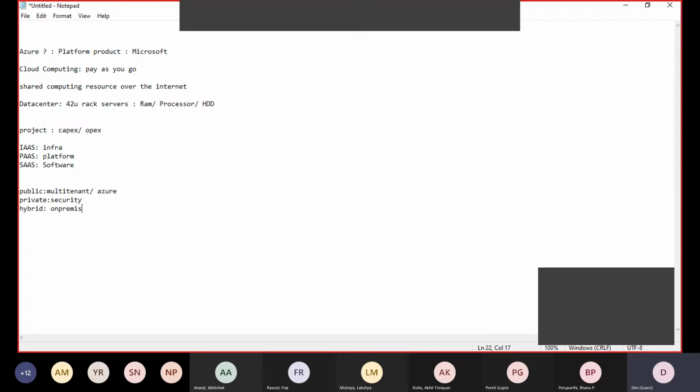That's how the working happens, and the range of the cloud area. Clear, guys? Any questions till now?